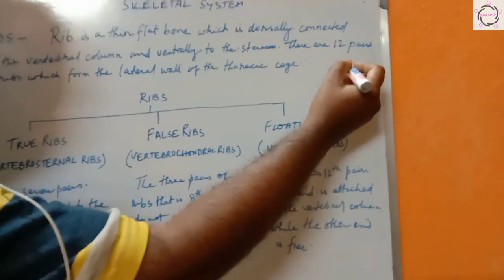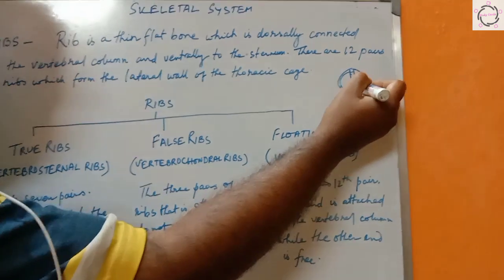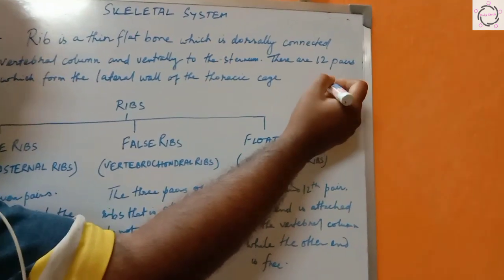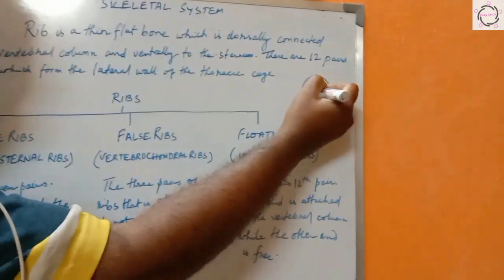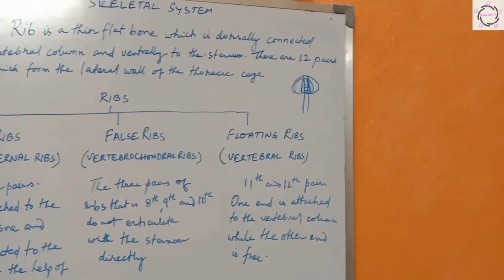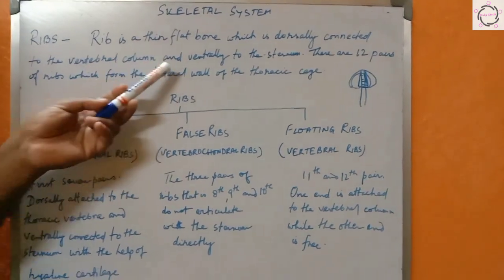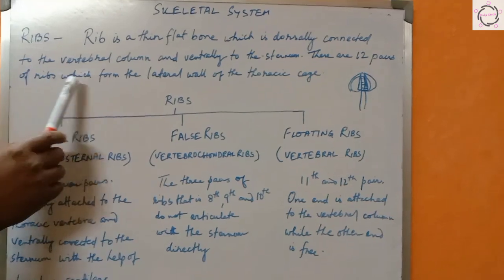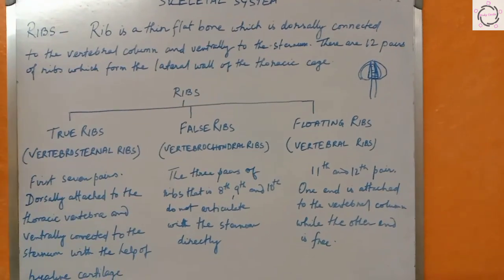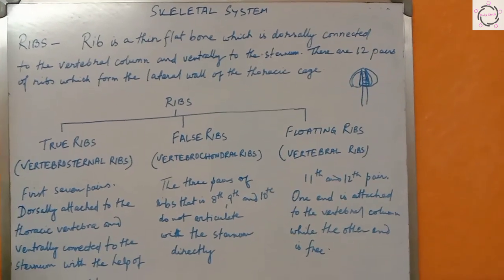If I show you the two-dimensional figure, the ribs look like this: at the back and at the front attached to the sternum or breastbone. So it is called the dorsal and the ventral position. There are 12 pairs of ribs which form the lateral wall of the thoracic cage.